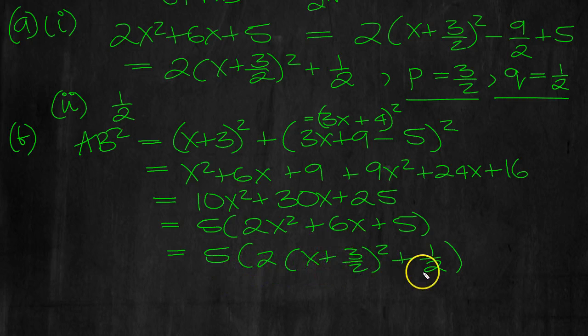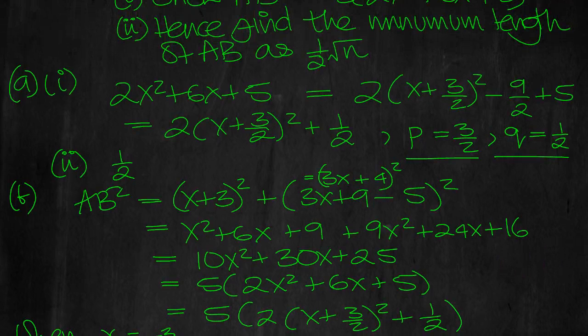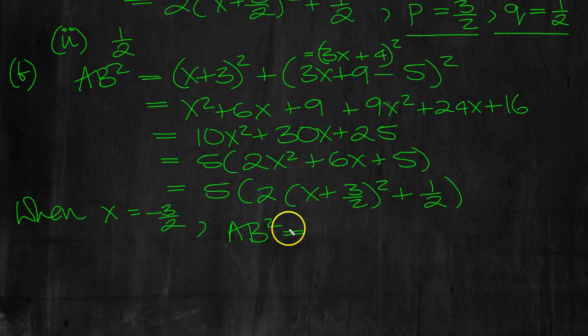Okay, AB squared is equal to this as a function of x when x equals minus 3 over 2. This will be a minimum. AB squared then is equal to, let's just go back up. Yeah, minimum. Put that in, you get 0, you get 5 times a half is 5 over 2. 5 times a half.